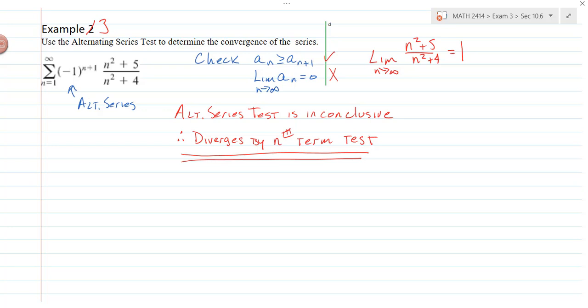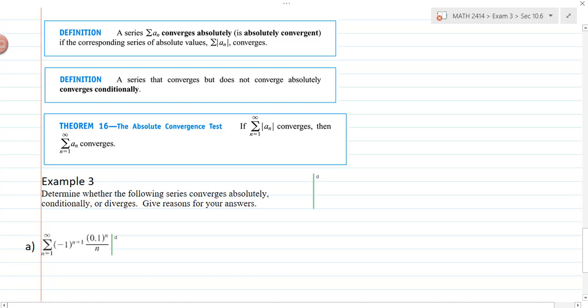Now we're about to get to the point where I said you can add things to your formula sheet. The next thing we're going to talk about is what conditional and absolute convergence are. We say that a series converges absolutely if the corresponding series of absolute values also converges. And then a series converges conditionally if the series of the absolute values diverges.